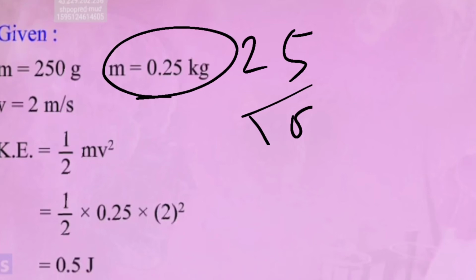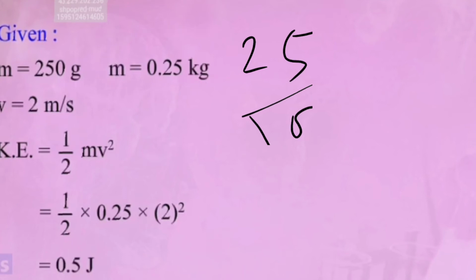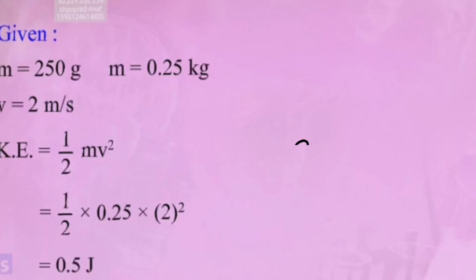So substitute in kinetic energy half mv square, half into 0.25 into v square. When the velocity is 2 meter per second, we have to find out the kinetic energy. So solving further, this will be equal to half, of course, 25 upon 100 into 2 square is 4.